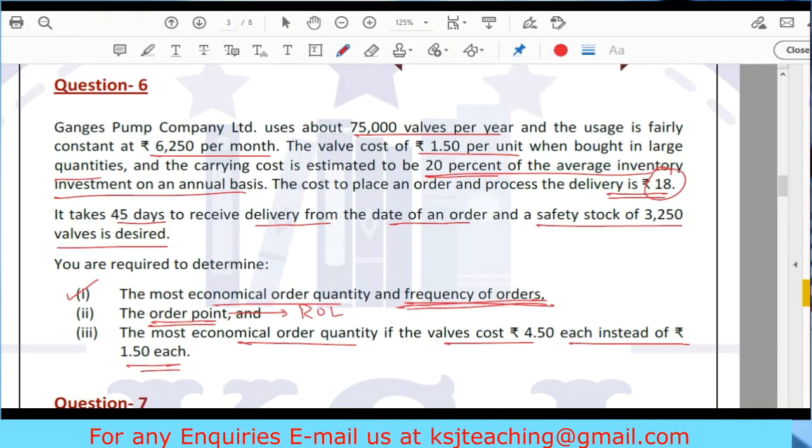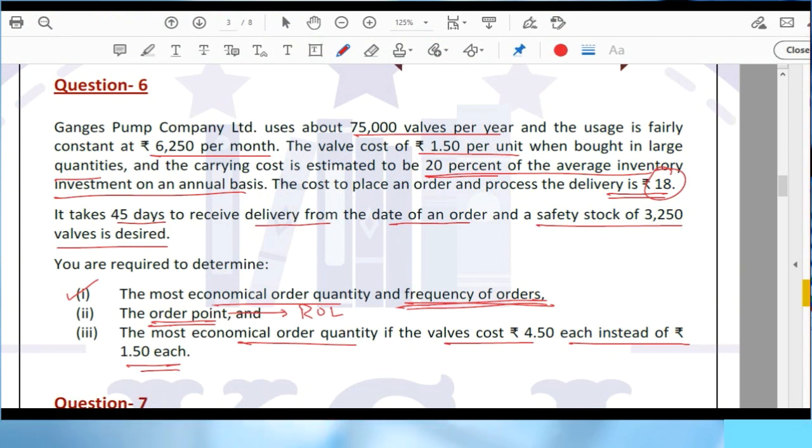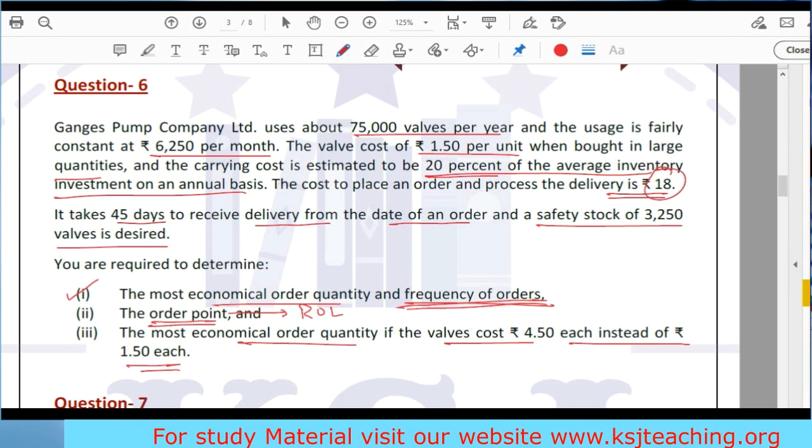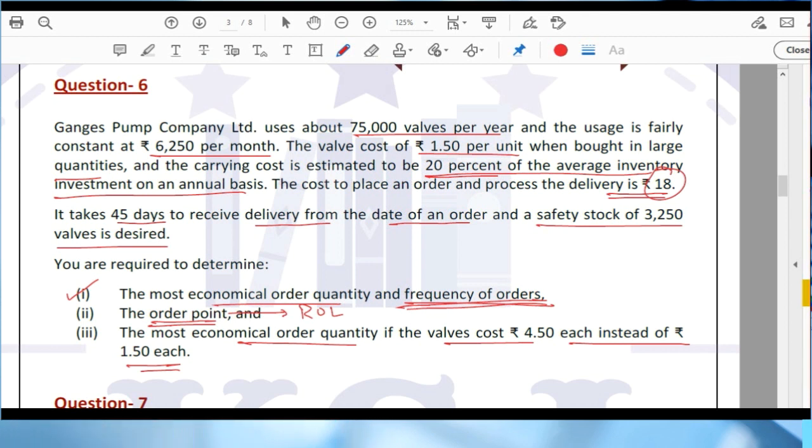Now look at the question. Which formula can you apply? Are you given maximum consumption or maximum lead time anywhere? Read the question again. 75,000 valves, 6250 per month is the constant average usage. It is given as average consumption. The valve costs 1.50 per unit when bought in large quantities. Carrying cost is given.